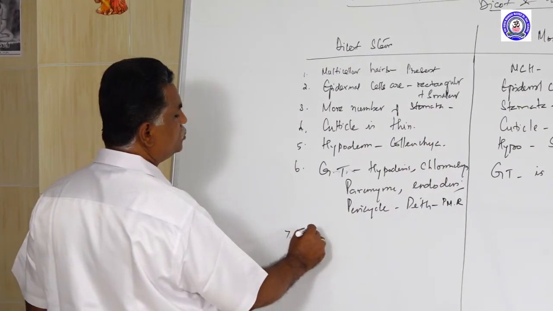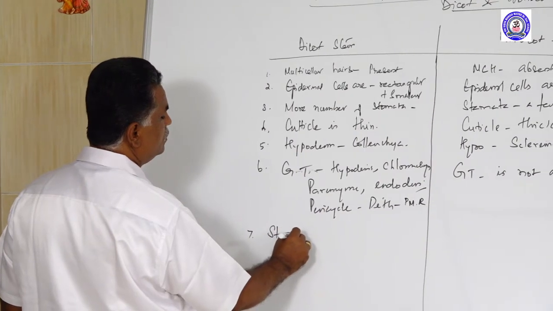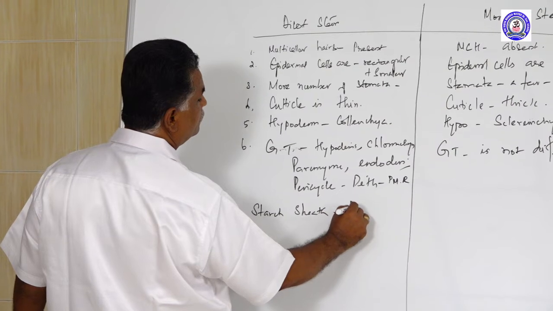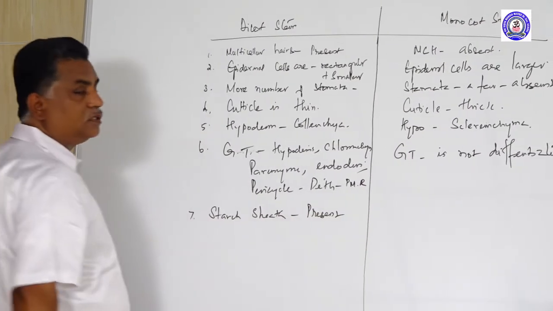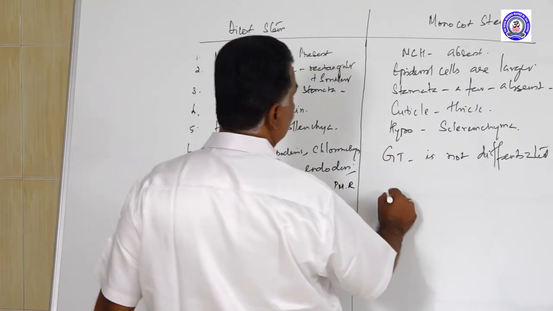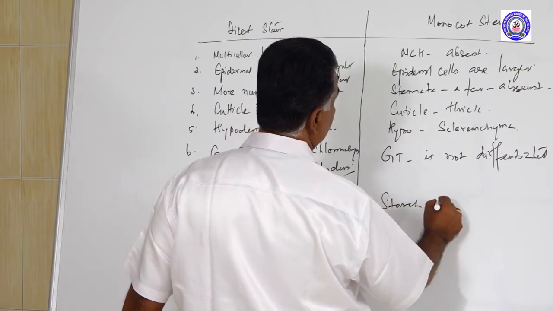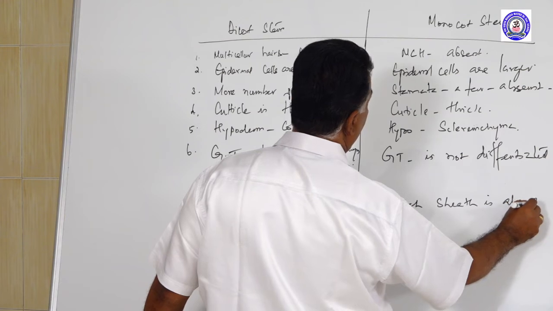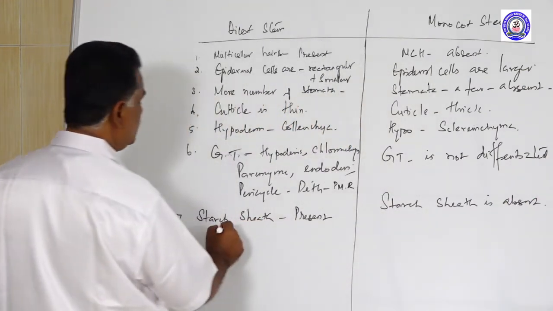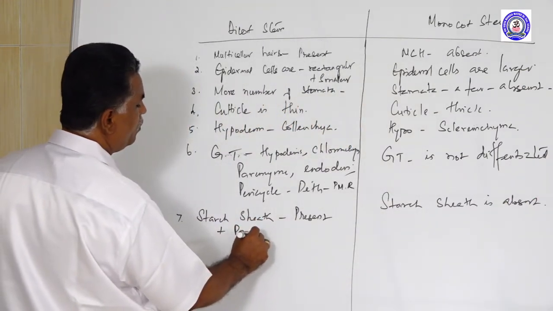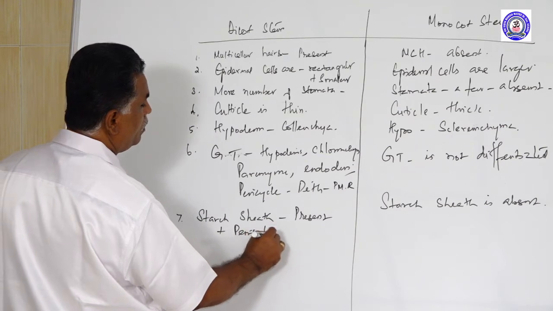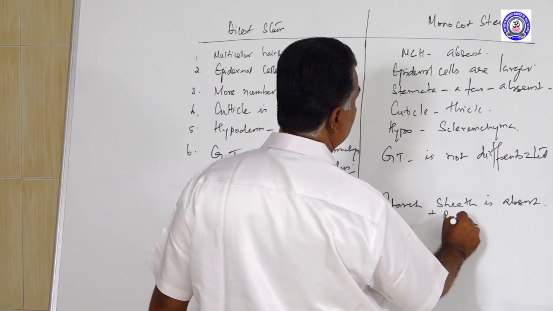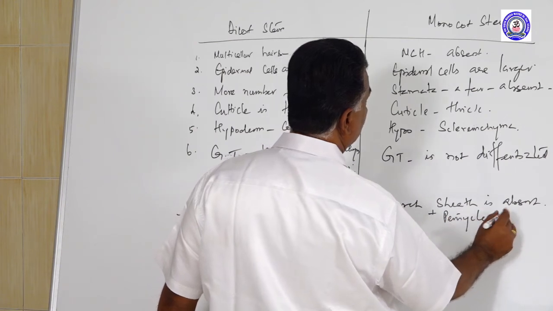Next is starch sheath. Starch sheath is present in dicot. In monocot, starch sheath is absent. Starch sheath and pericycle are present in dicot; starch sheath plus pericycle is absent in monocot.